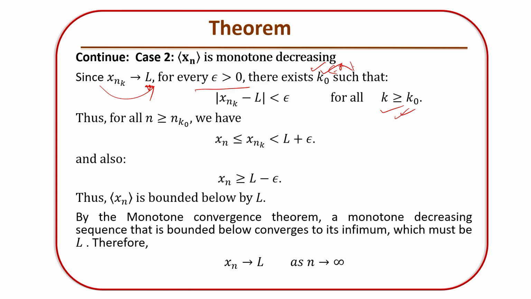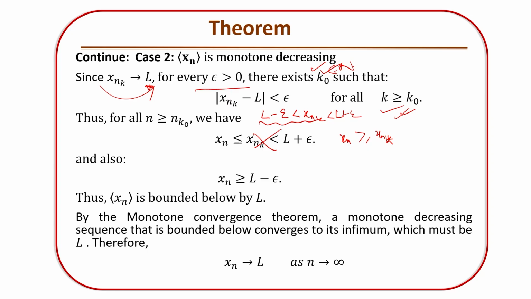But here, for all n greater than n_{k0}, x_n is greater than x_{n_k}, because it is monotone decreasing.